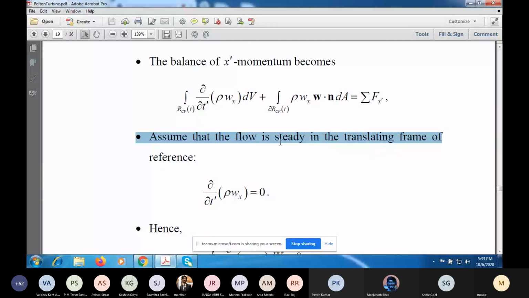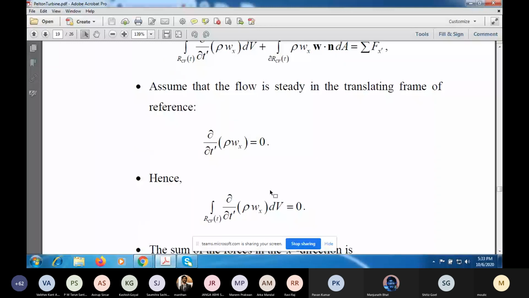The flow is definitely unsteady in the ground frame, but in the translating frame it is likely to be steady. So del/del t prime, which means del/del t keeping x prime, y prime, z prime fixed, will be 0. So the first integral will be 0.